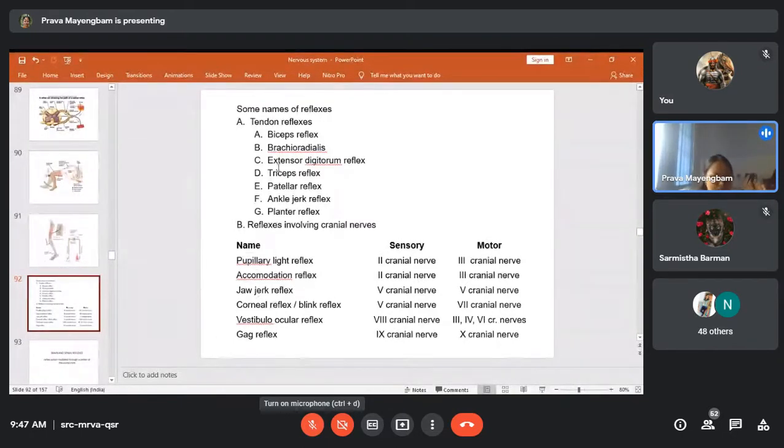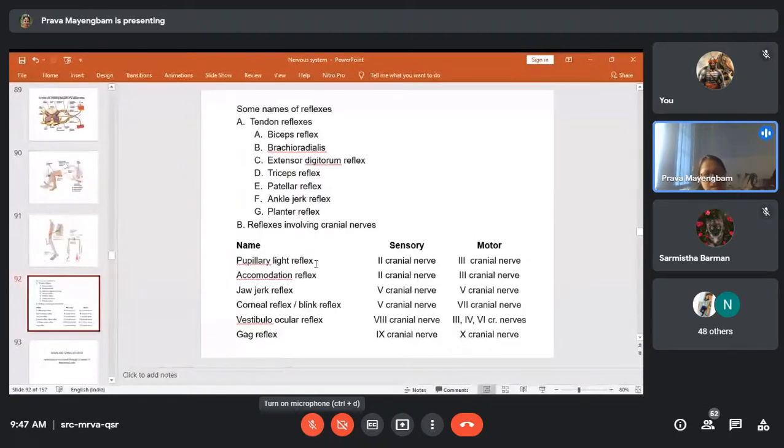Say the biceps reflex and the brachioradialis reflex, in which different groups of muscles are involved. Then in the cranial nerve reflexes, the names of the reflexes are like the pupillary light reflex.